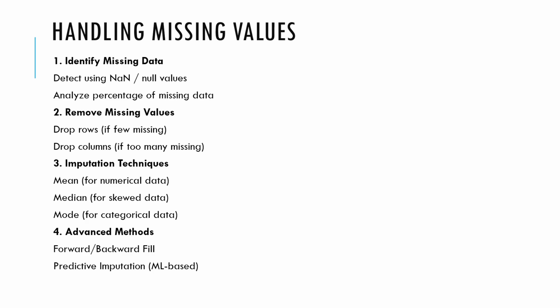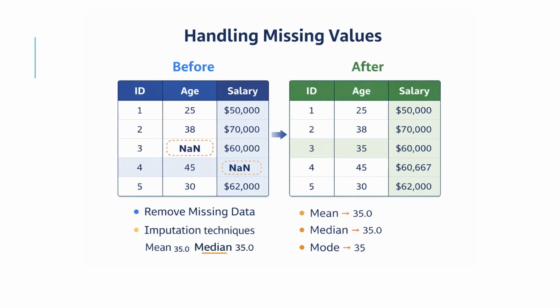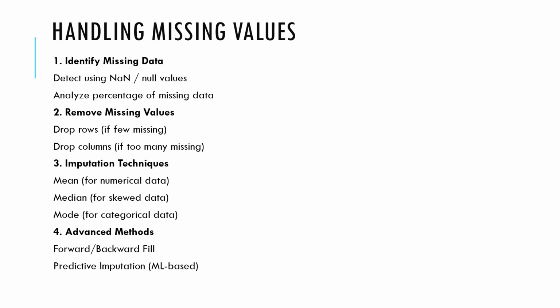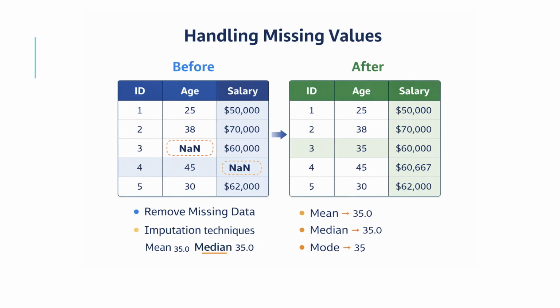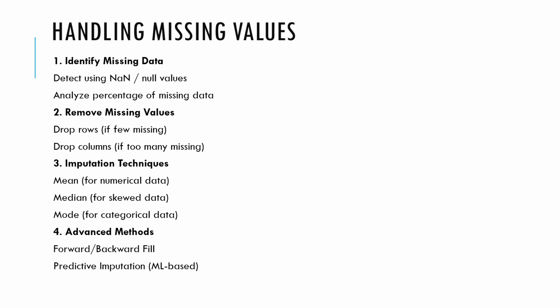In real world datasets, it's very common to have missing or incomplete data. Missing values can occur due to errors in data collection, system failure, or incomplete records. If we ignore missing values, the model may produce incorrect results or even fail to train. One simple approach is to remove the rows with missing values, but this can lead to loss of important information.